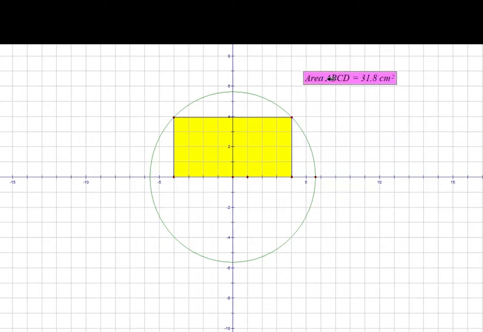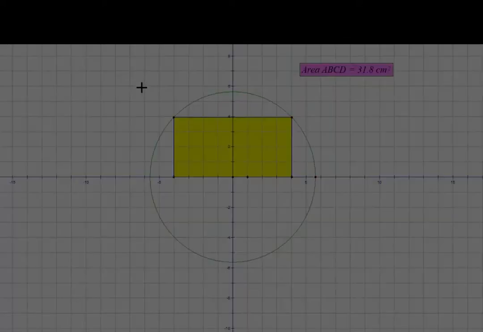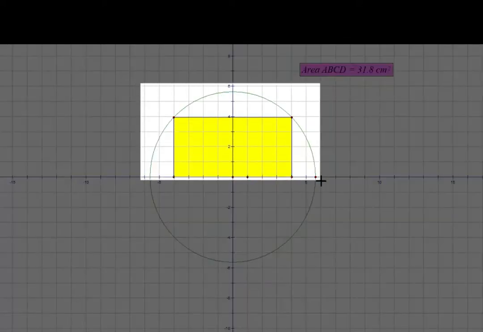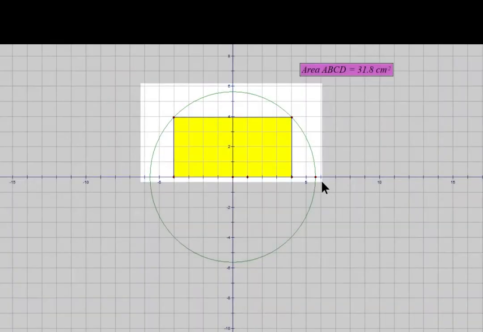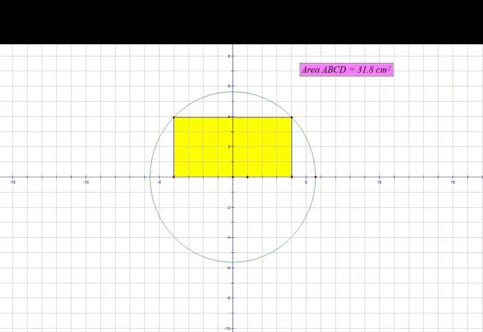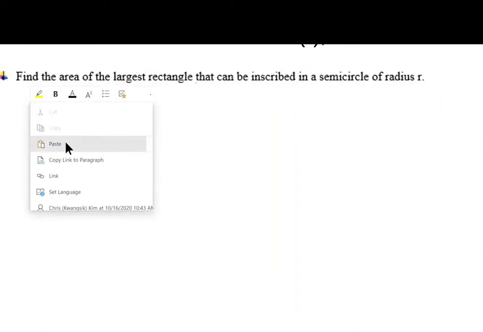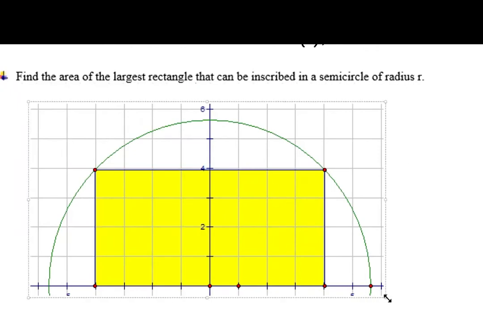Okay, now I'm going to copy this to your note. Now we have the picture.